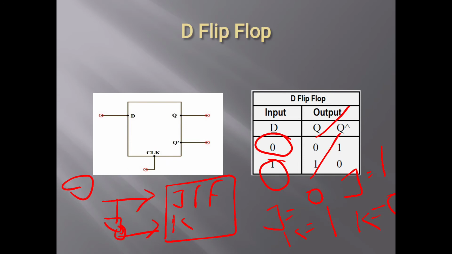And when the J and K values are 1 and 0, then it will give the one state, that is the set state. So in the D flip-flop, when we give input 0, then output will be 0, and when we give input as 1, then output will be the set state, that is 1 state.